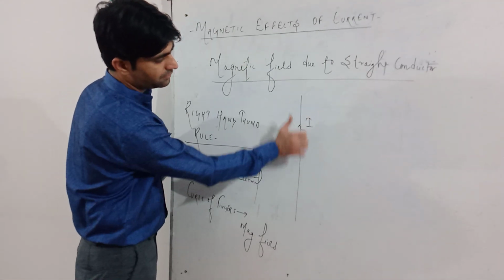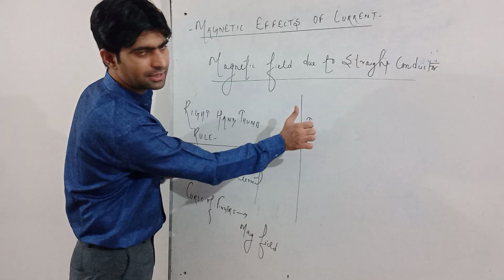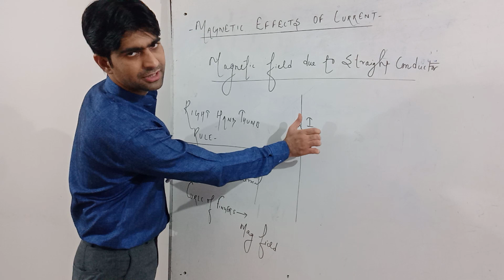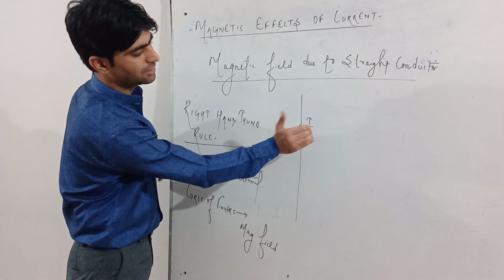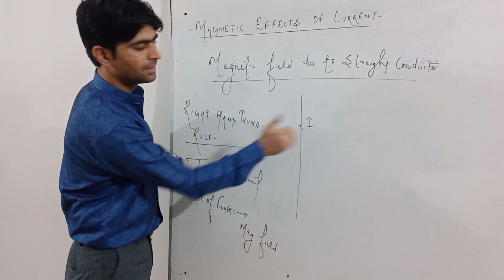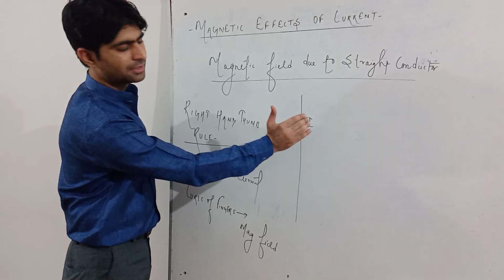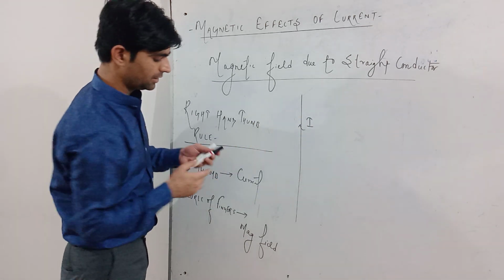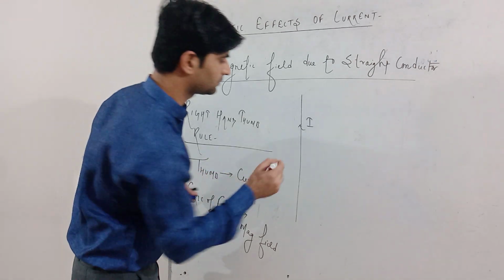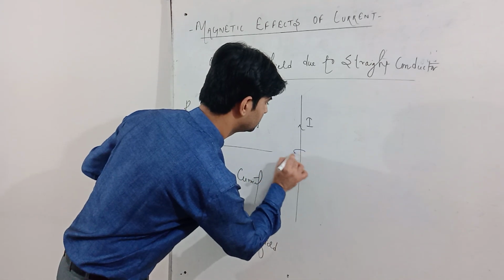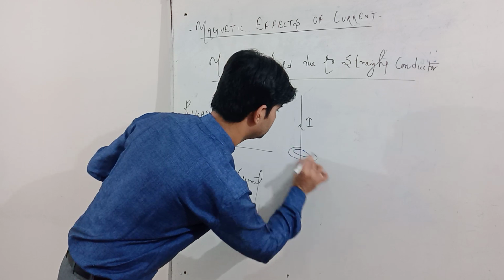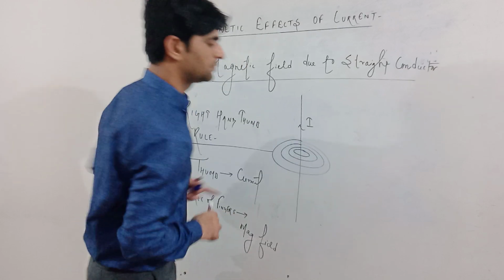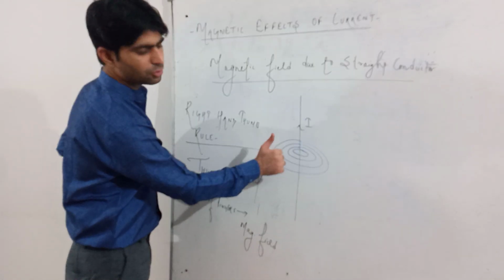This is the direction of current, vertically upward, and if I hold this straight conductor in my hand, this will be the circulation of the magnetic field. That means for a straight conductor, the magnetic field will be like this. If I draw it, we can see these are concentric circles.